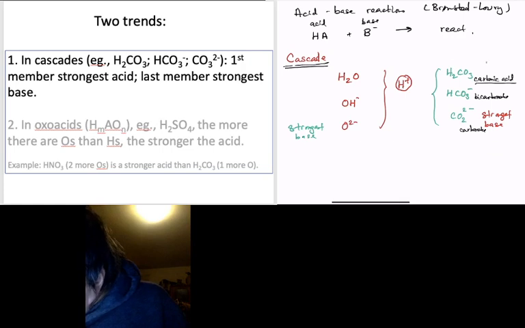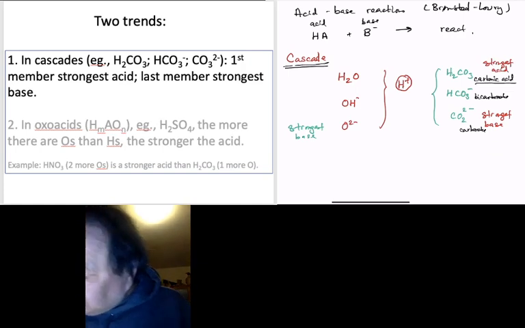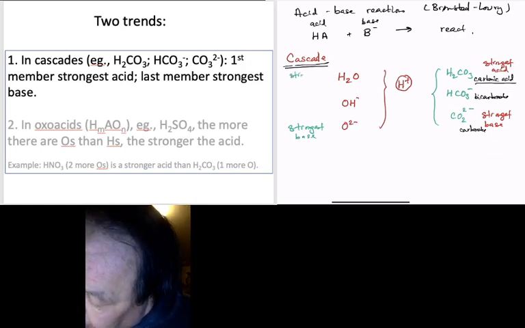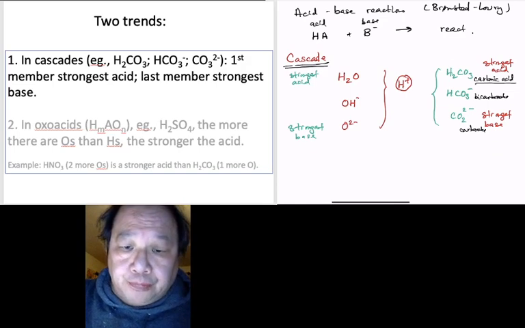So the strongest acid is always going to be the first compound in the cascade, and the strongest base will always be the last. So that's the first rule, the rule that you want to know.